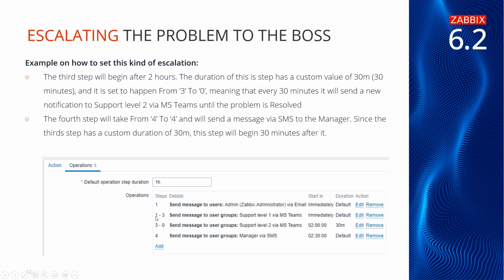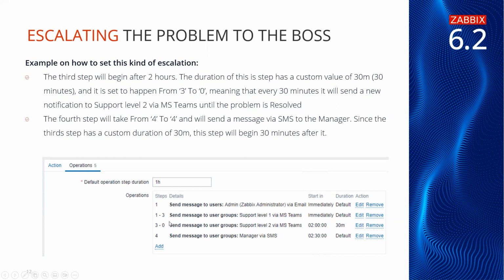So you can see here that steps 1, 2, and 3 are going to do this, and from 3 up to infinite, until the problem is solved, it's going to keep sending repeated messages to the support level 2. You can keep track of when this is going to happen because of this column right here. The first step always happens immediately, but the other steps have to wait for the default operation step or some custom duration.